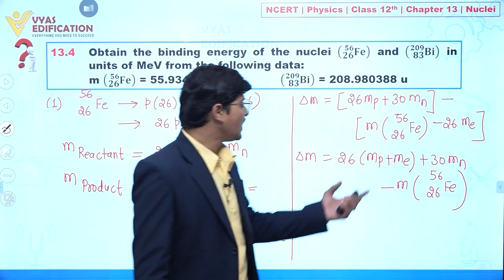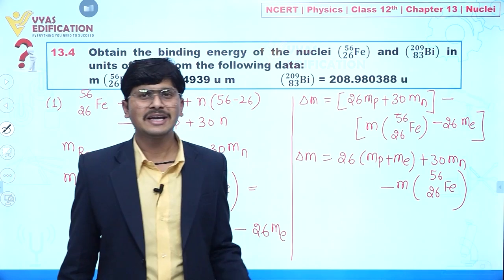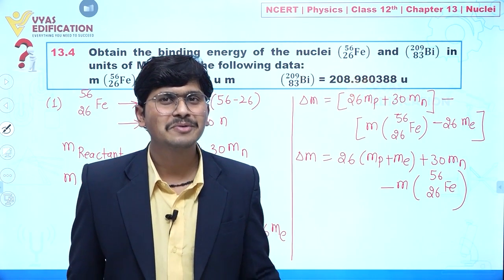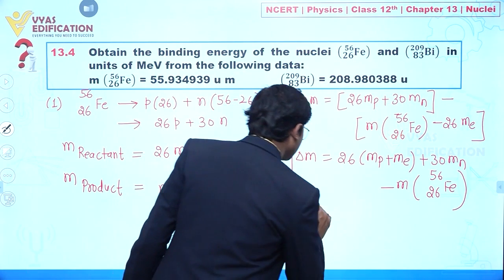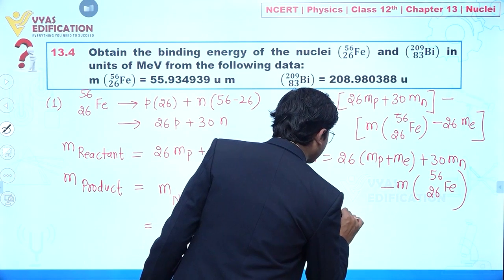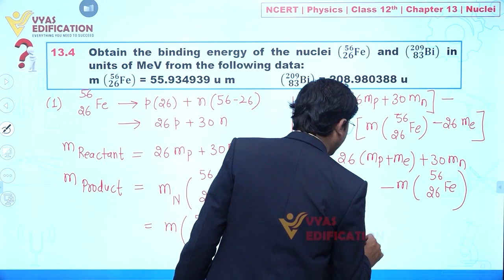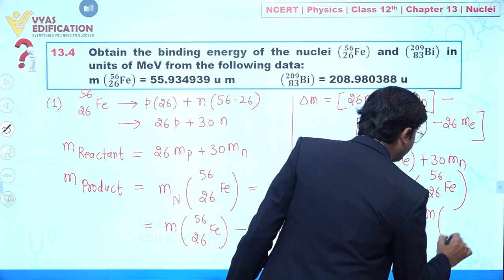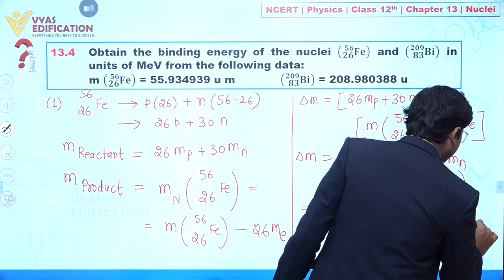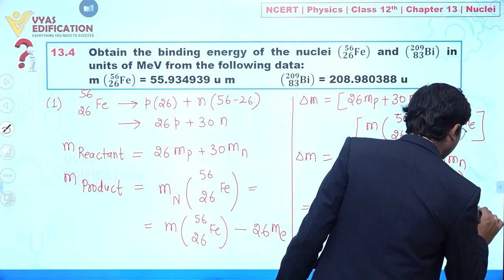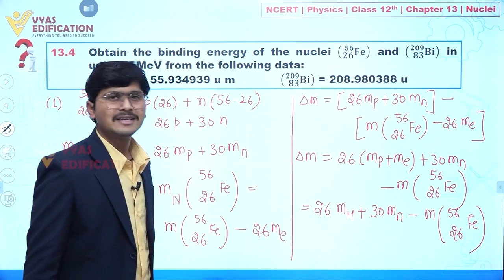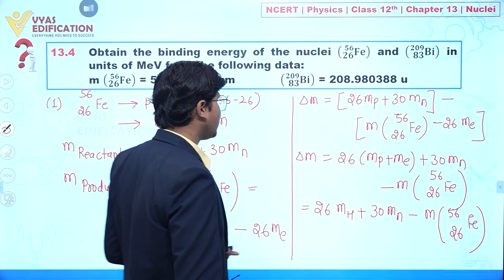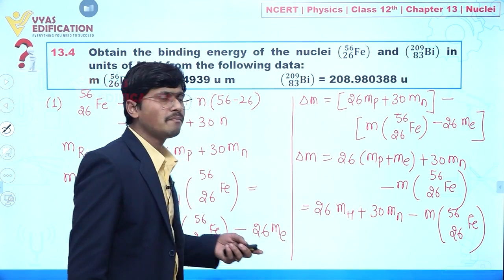Now you know, if you add the mass of a proton and the mass of an electron, it comes out near about the mass of hydrogen, clear. So you can write like this: 26 times the mass of hydrogen plus 30 times the mass of neutron minus m of 26Fe56, clear to everyone? Yes. Now you can place all the values and easily get the value of the mass defect.